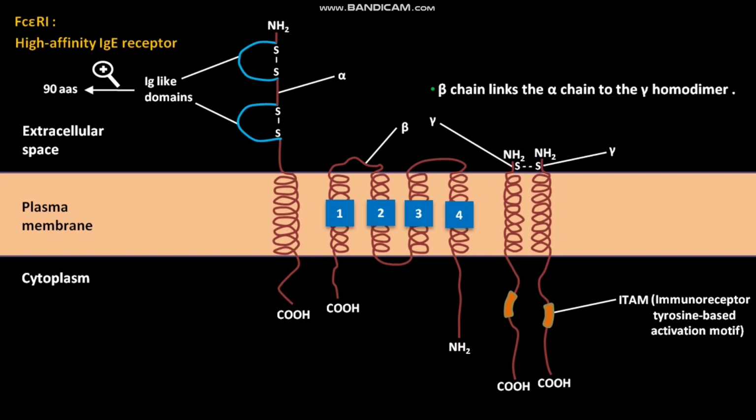The ITAM motif on the Fc epsilon R1 receptor interacts with protein tyrosine kinases to transduce an activating signal to the cell. Fc epsilon R1 receptor has a role in anaphylaxis.